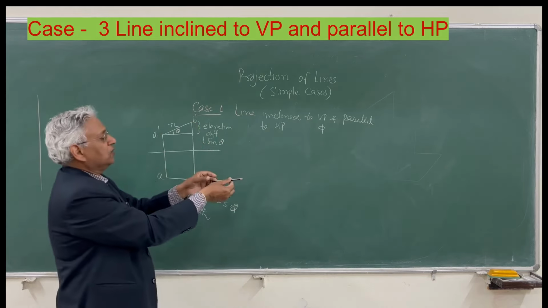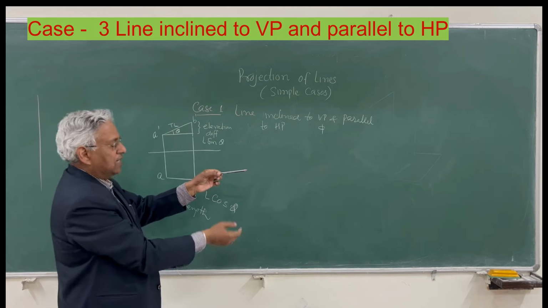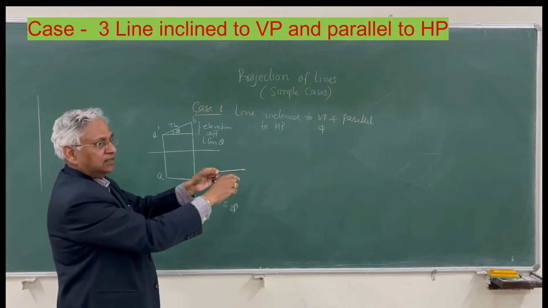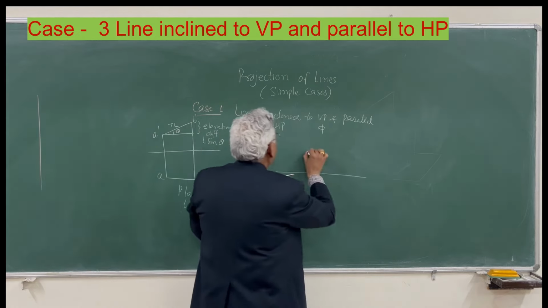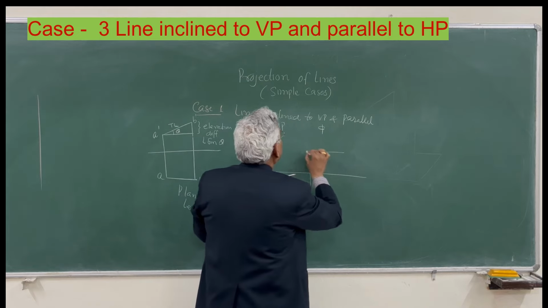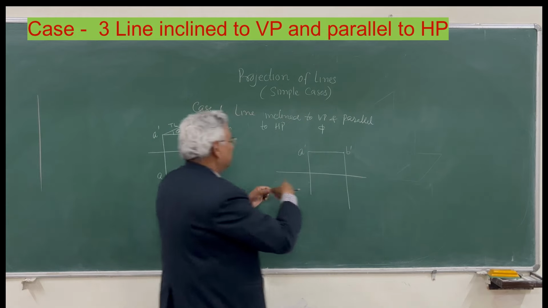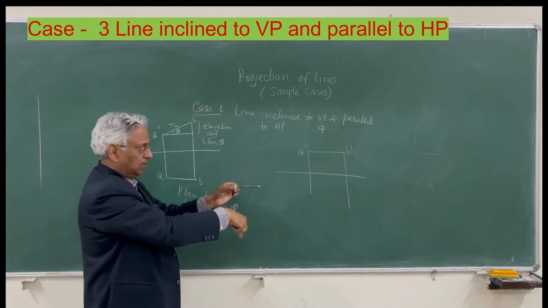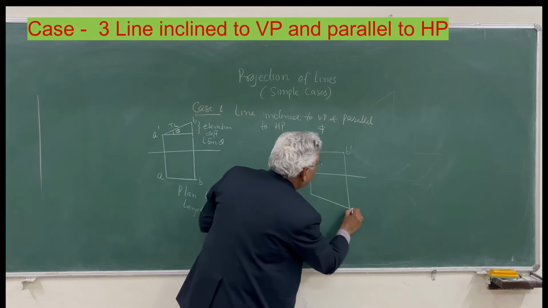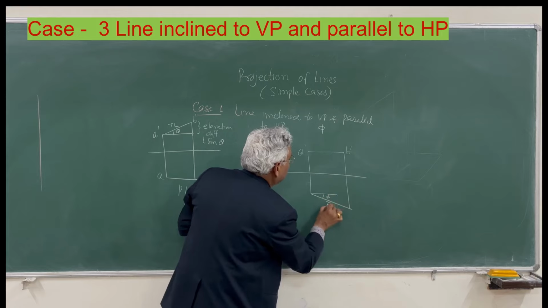So in this case, when I say this line is parallel to the horizontal plane, that means the height of the two ends is the same, and therefore the elevation will be at the same height, A dash B dash. And this angle you can measure in the horizontal plane. So this will be inclined at angle phi, and this will be the true length.